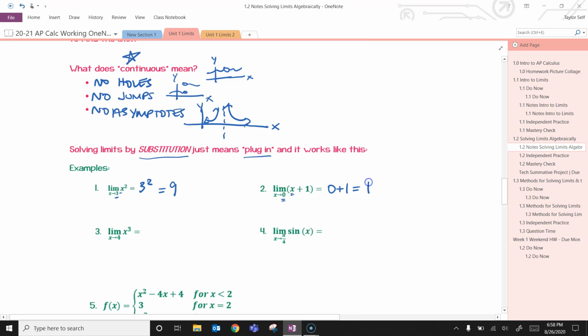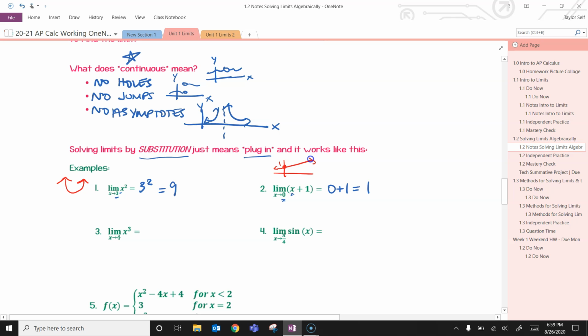Now, remember, this only works for continuous functions. How do we know these are continuous? What does x squared look like? That graph is the curve x squared. Remember in the calc summer homework packet how I said you should know what shape functions make? This is why it's important. X squared is continuous: no holes, no jumps, no asymptotes. X plus 1 is a straight line, a line starting at 1.